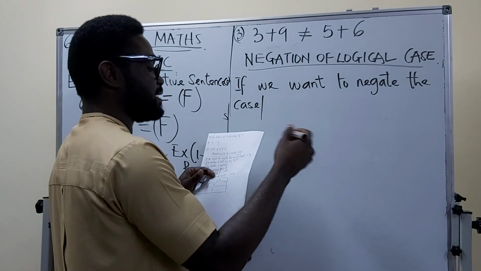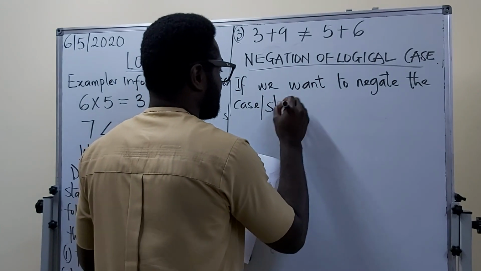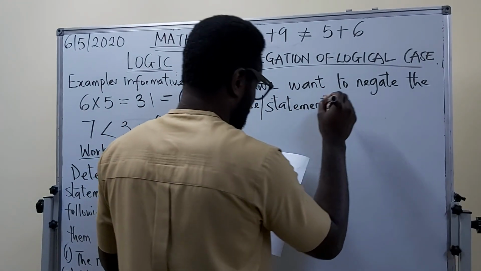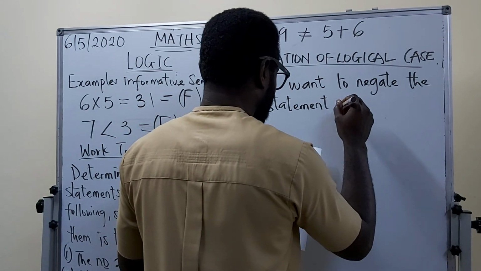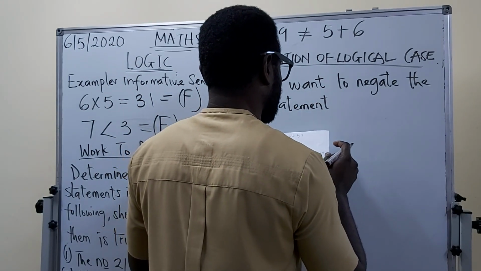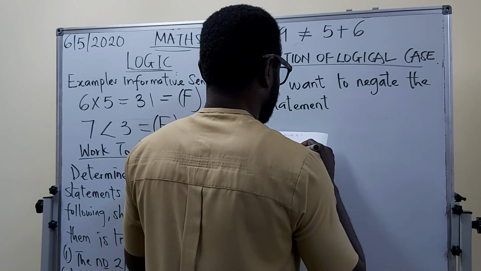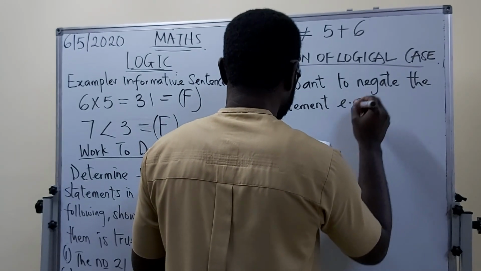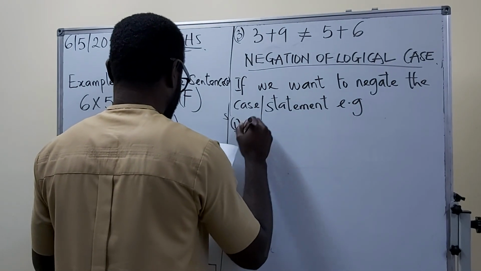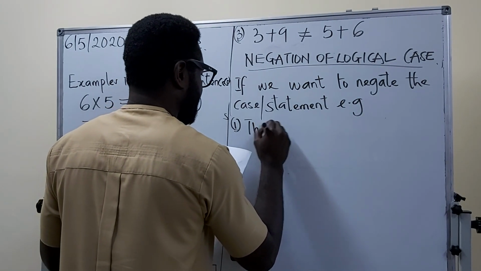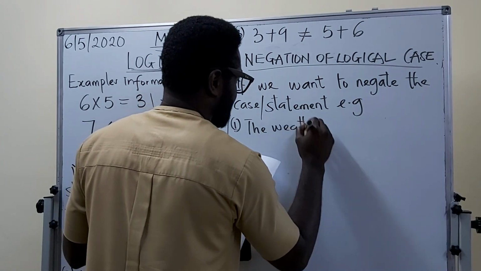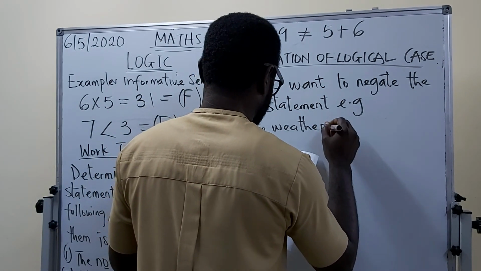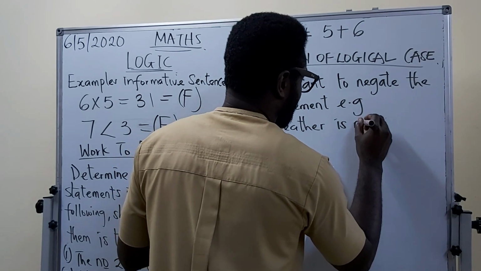So whether you say case, statement, or sentence, whichever one you have on the board or in your book, they are definitely referring to the same thing. If you want to negate the case or statement, for example, 1, the weather. This is a statement now written in form of a sentence. The weather is not.